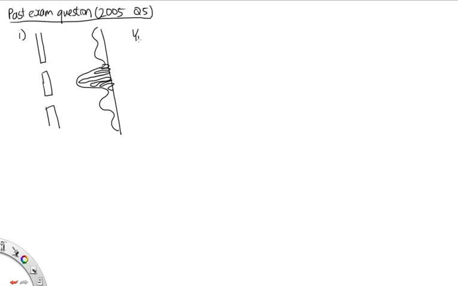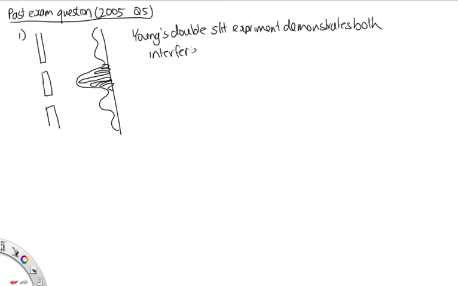So Young's double slit experiment demonstrates both interference and diffraction.